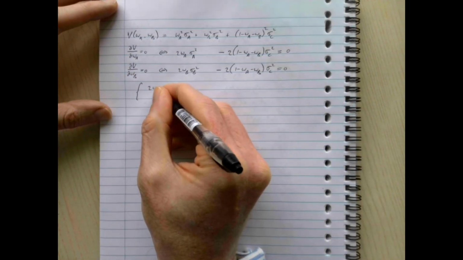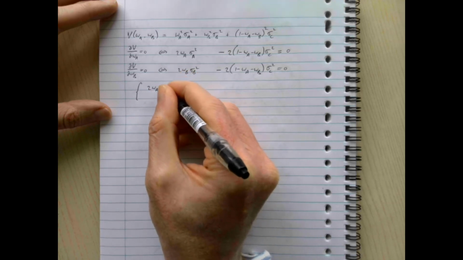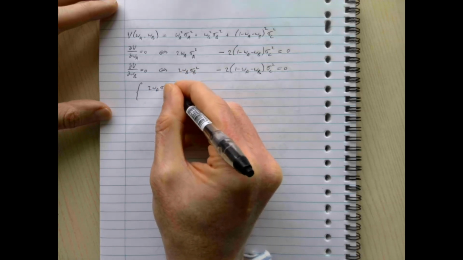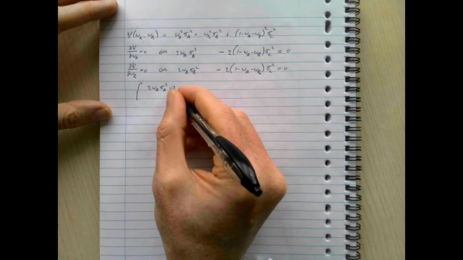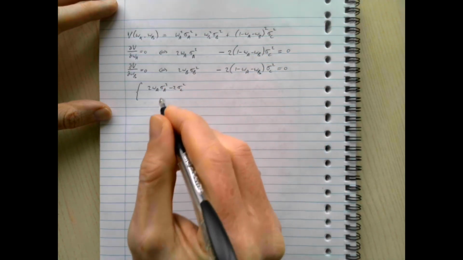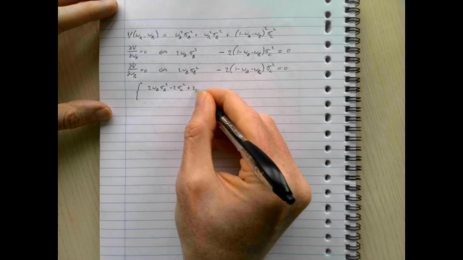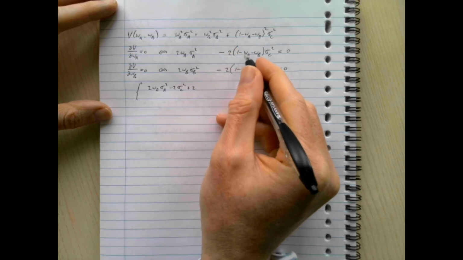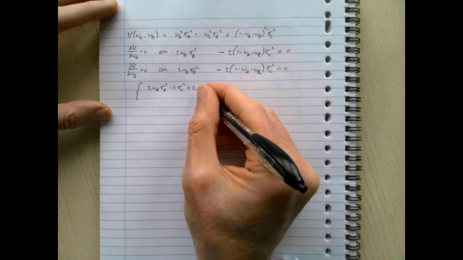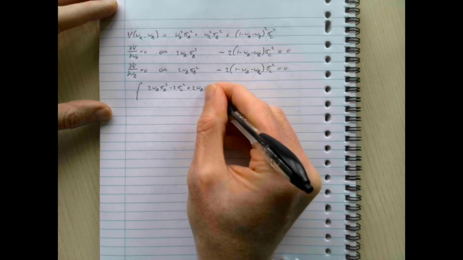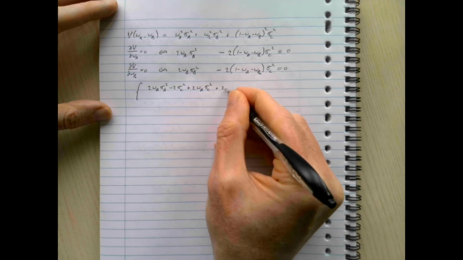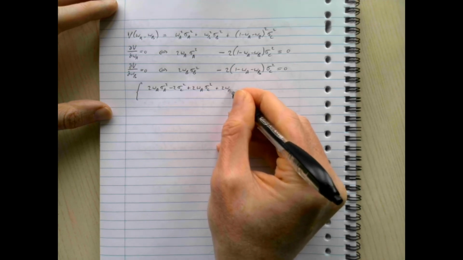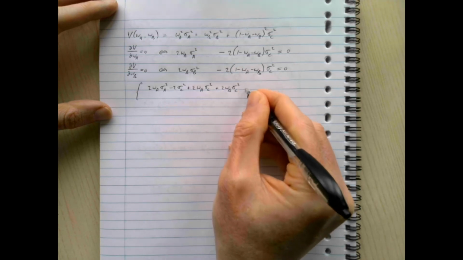The first equation is 2 WA sigma A squared minus 2 sigma C squared, plus, minus 2 times minus WA gives me plus 2 WA sigma C squared, plus likewise 2 WB sigma C squared equals 0.